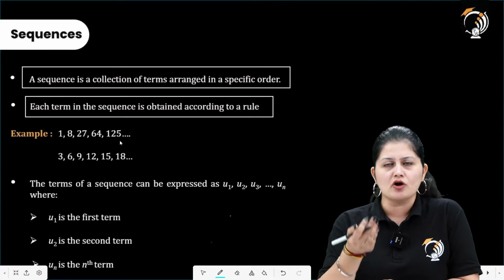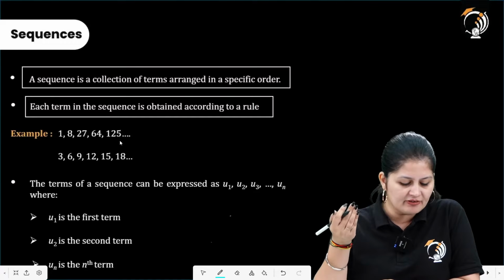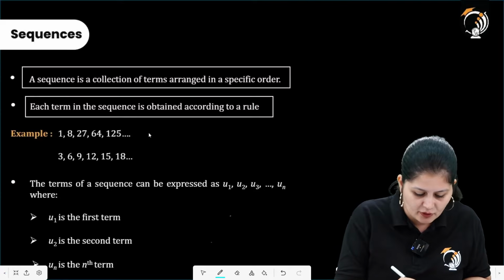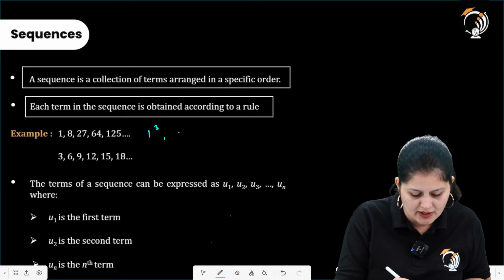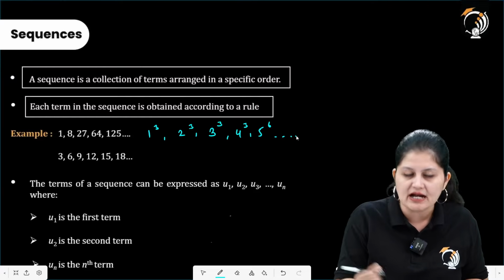So first, let me write the sequence here: this is 1 cube, then 2 cube, then 3 cube, 4 cube, 5 cube.